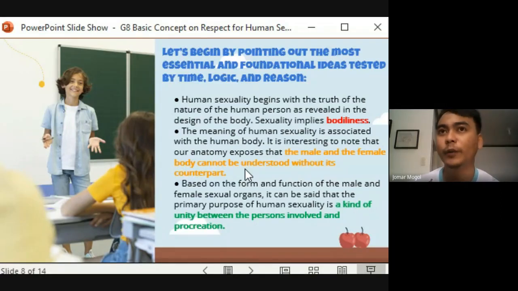But when we talk about reproduction, it is not our end goal. Ito yung nakikita kong mali dun sa context, dun sa module. Sana aware kayo dun, no? So, tinatama ko yung mali dun sa context. Medyo confusing kasi yung nakalagay dun.